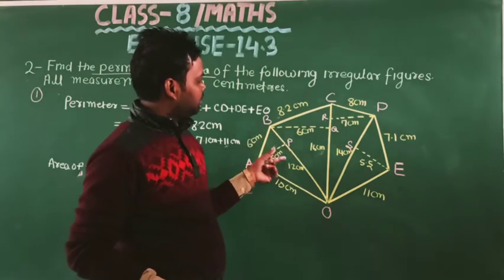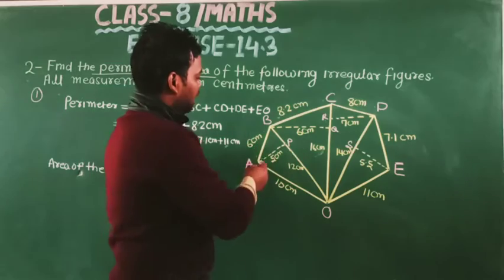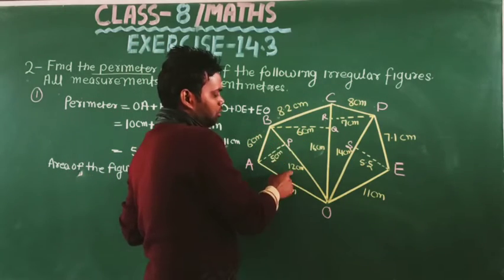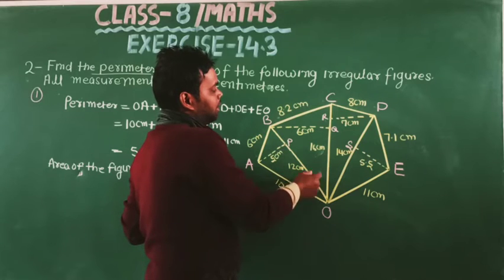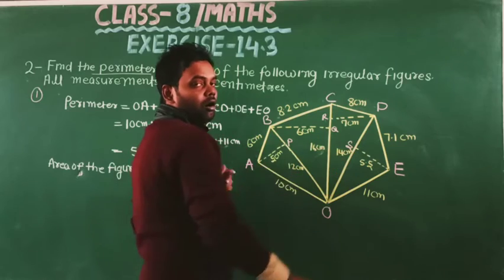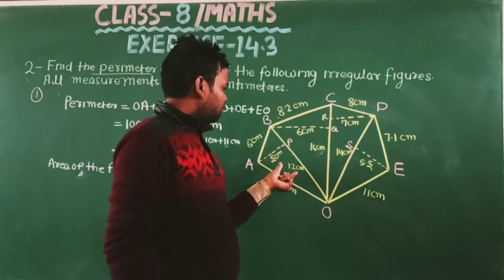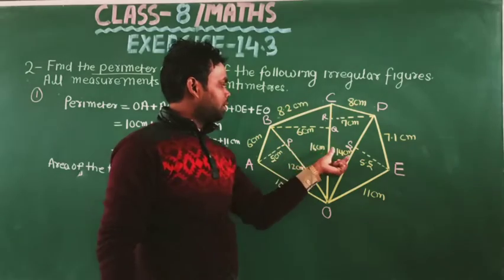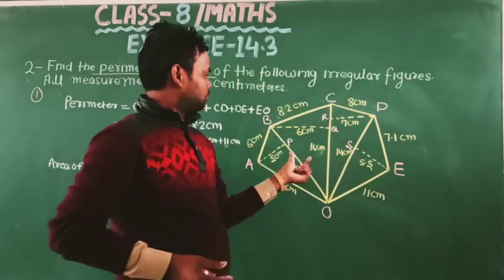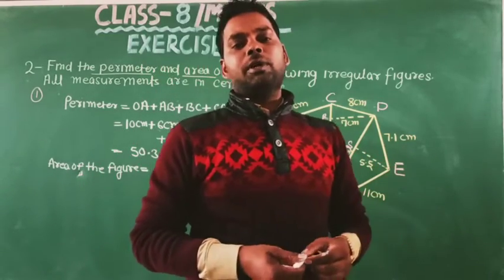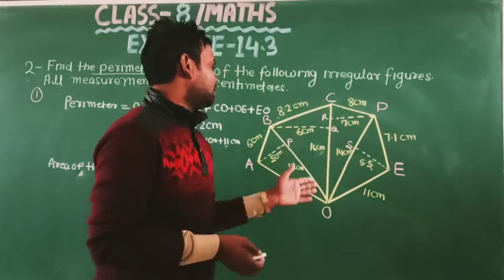Observe OAB: this is a triangle having height equal to 5 cm and base equal to 12 cm. Similarly, this is also a triangle, this and this. All parts of this figure contain triangles, which means we have 4 triangles. So using the formula area of a triangle, 1/2 base into height, we find its area.